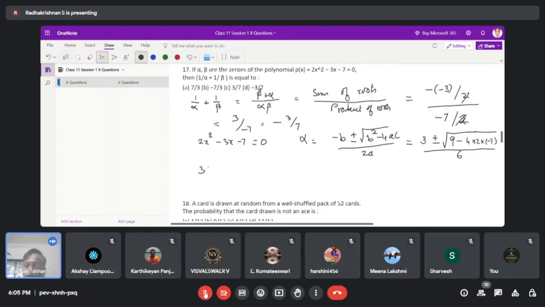So 3 plus or minus root of 4 2s are 8, 7s are 56. This is plus 56 plus 9, 65. So the roots, individual alpha and beta, are 3 plus root 65 by 6 and 3 minus root 65 by 6.